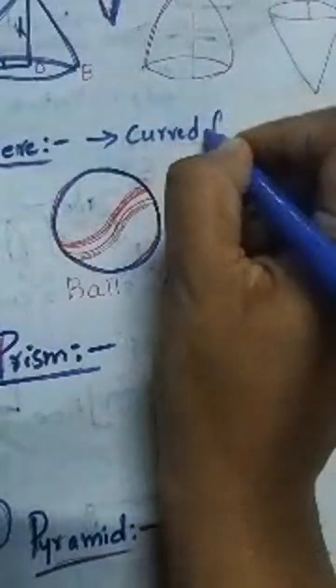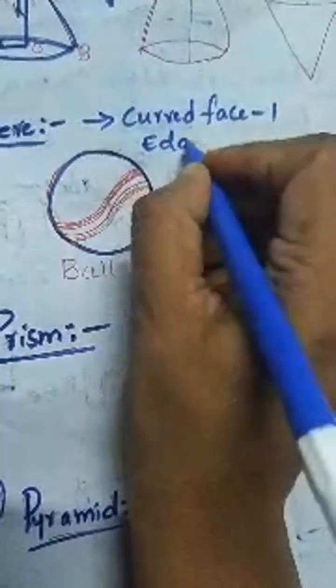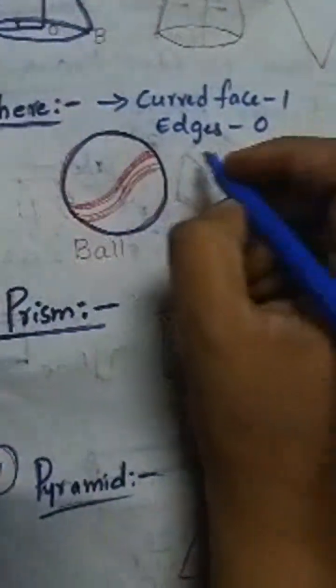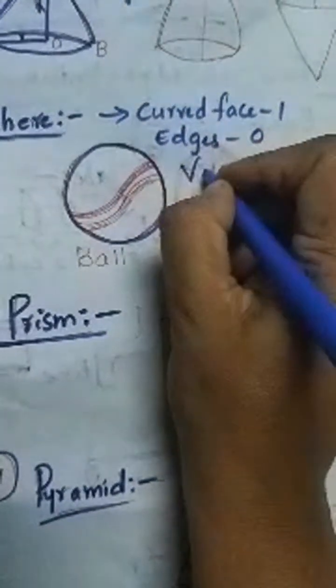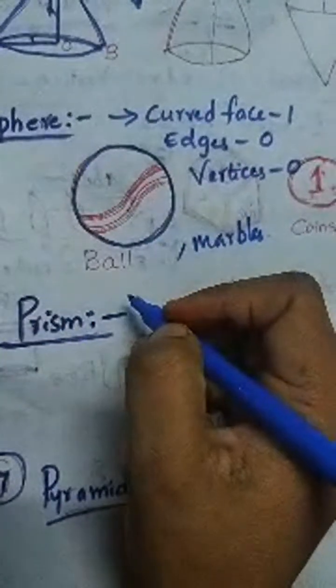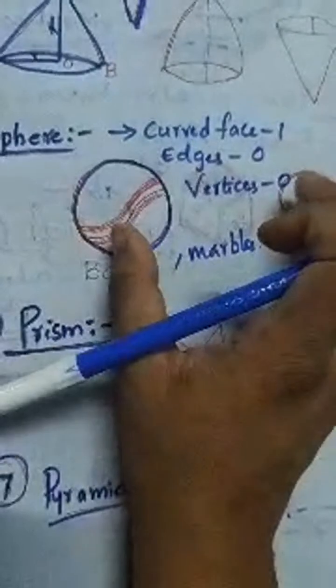Curved face is 1. Now edges for a sphere is 0, whereas vertices are also 0. No vertices, no lines we can draw in this ball-like shape. In a sphere we can't draw any lines.